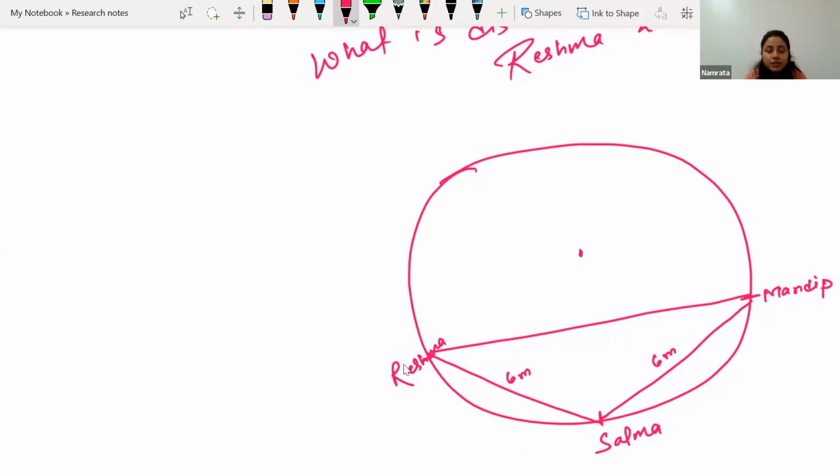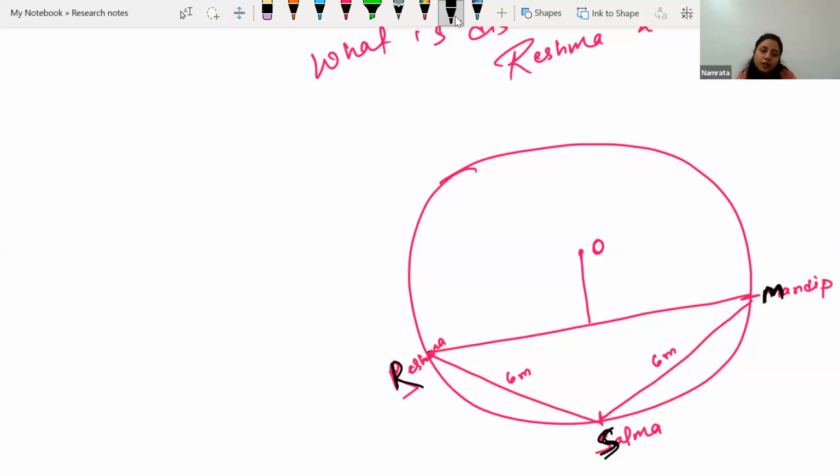Here, if we have the center O, let's drop the perpendicular over here. Now we can say this is a chord RM. We can name the points R, S, and M, using the first letter for each point.